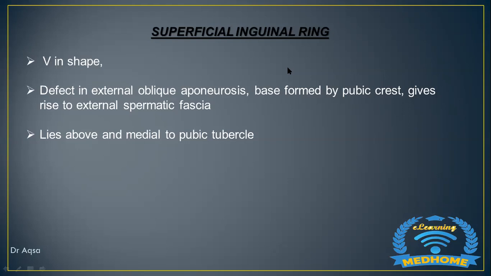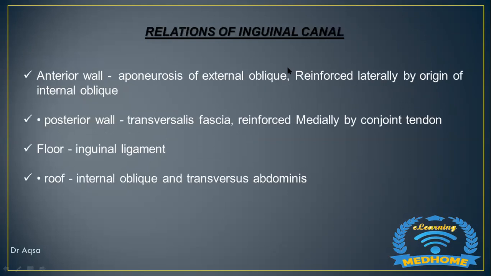Thank you, ma'am. So now we are going to study the relationships of the inguinal canal. As it is a canal, it will have 4 relationships. This is the deep inguinal ring, and this is the superficial inguinal ring. In between, we have the inguinal canal. So the inguinal canal has an anterior wall, a posterior wall, a roof, and a floor.